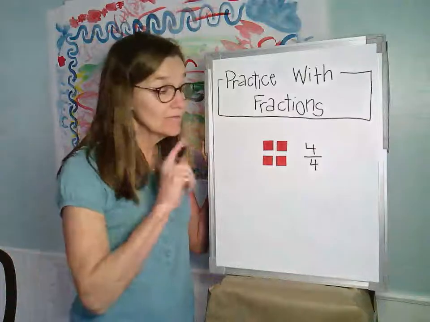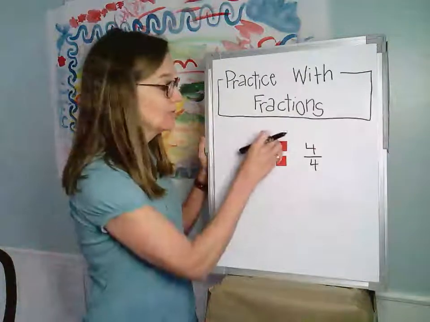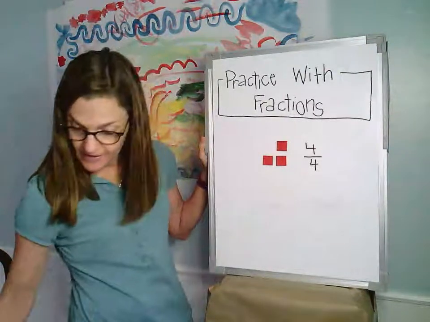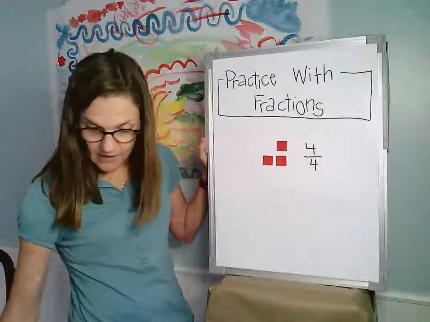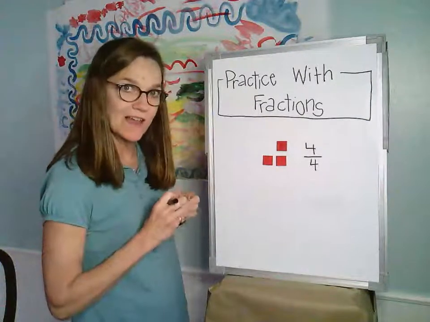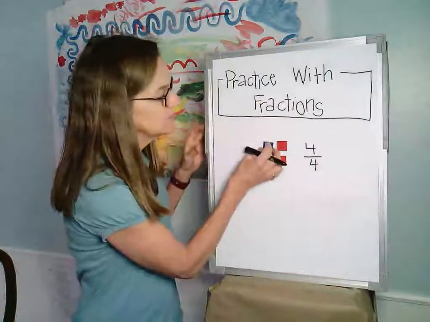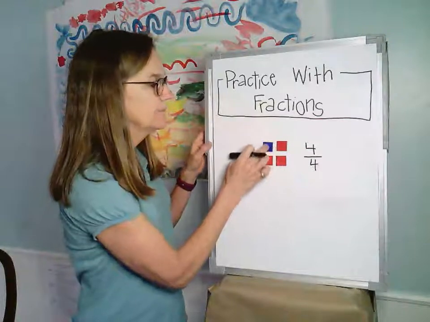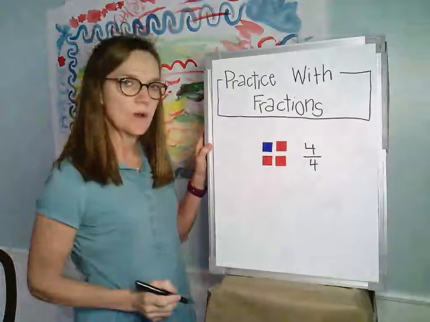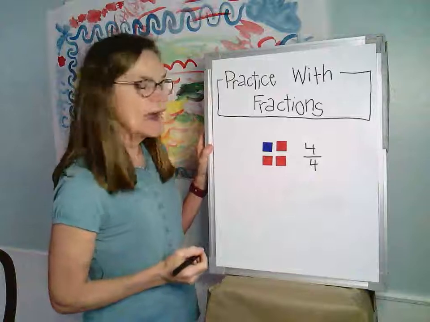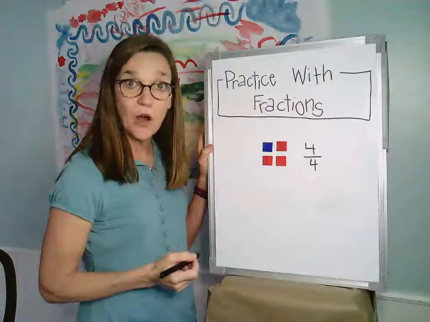Okay, now I'm going to trade one of the tiles out. So I'll take one of them off, and I'm going to swap it for a blue tile. Okay, we have 4/4. Now I want to know how many of the tiles are blue.